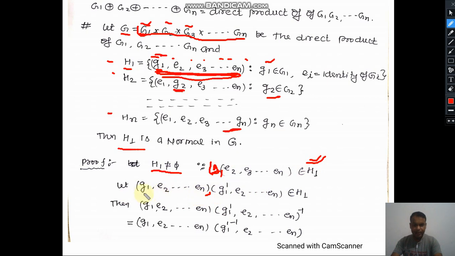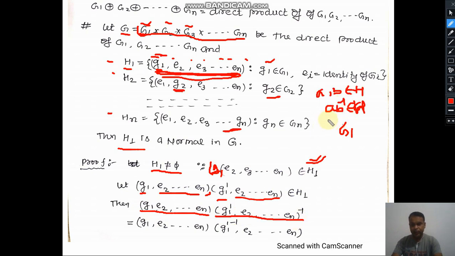The first element is G1, and the remaining positions are filled by identity elements, and the second ordered pair has another element G1 dash, because G1 and G1 dash are two elements taken from the group G1. Now what will happen if we write it in this manner: I want to find AB inverse.